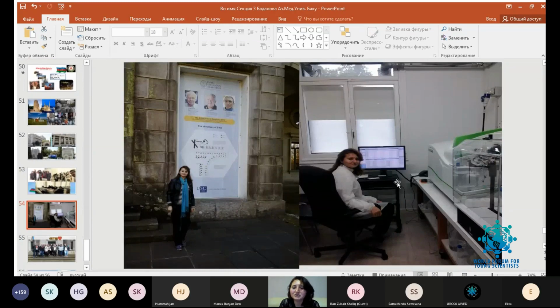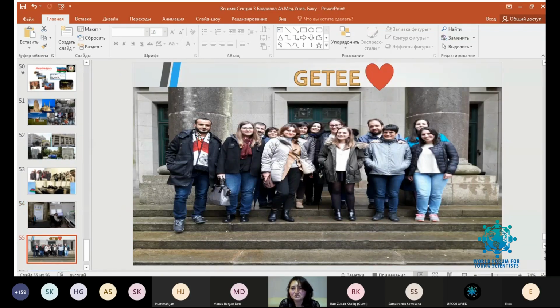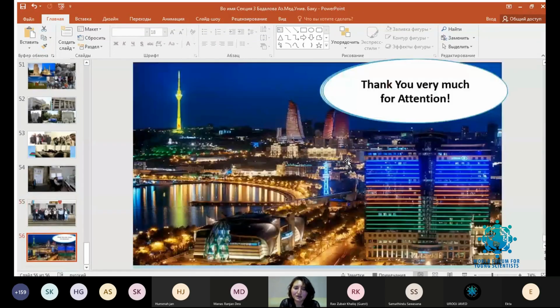This is my workplace in Spain at Santiago de Compostela University with ICP-MS, and there are Nobel laureates. This is my team from the Santiago de Compostela University in Spain.